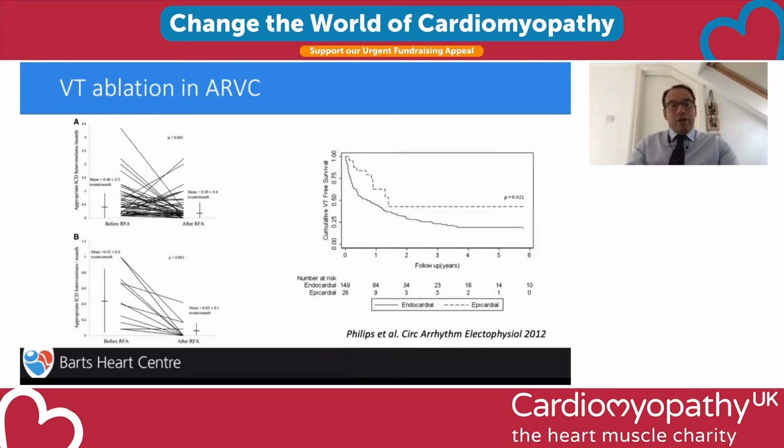This is a very effective way of controlling both the arrhythmias and the ICD shocks. You can see in this study quite a significant reduction of events after a year.